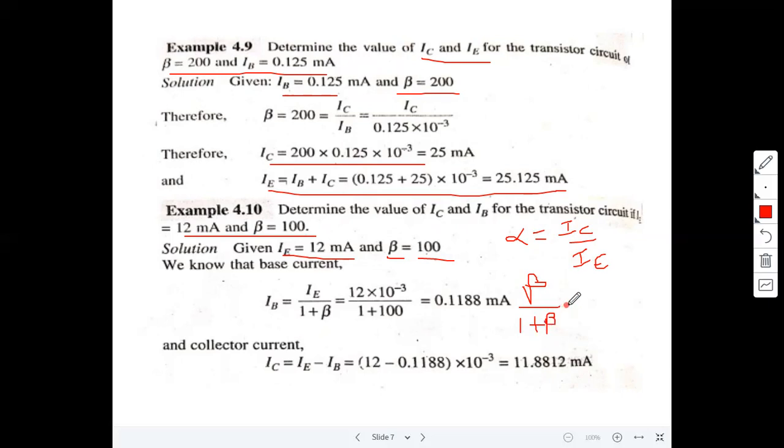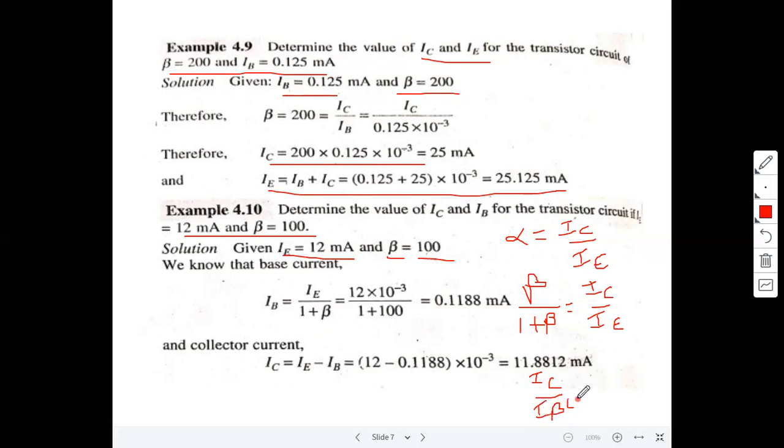Beta by 1 plus beta is equal to IC by IE. Now what is beta? Beta is equal to IC by IB.